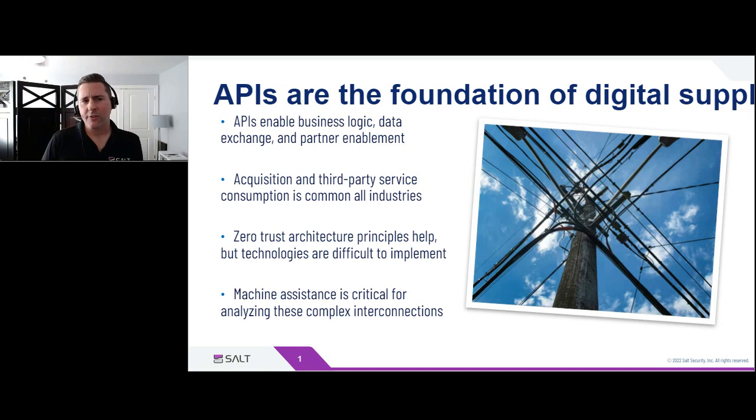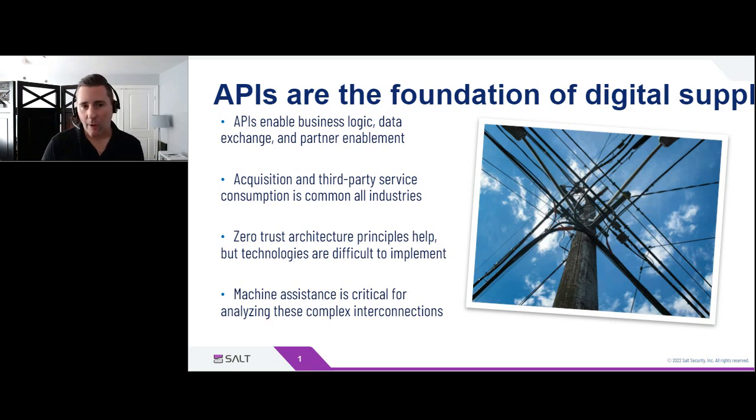So APIs are the foundations of digital supply chains. If you've heard me talk at any events, I talk about this relentlessly. But APIs are what enable your business logic and data exchange, but also partner enablement. Most organizations don't operate in a vacuum.